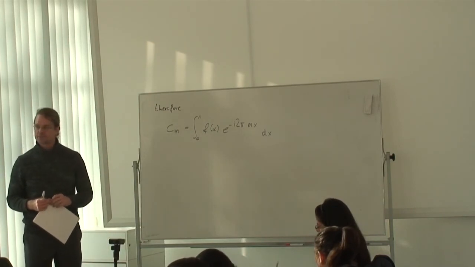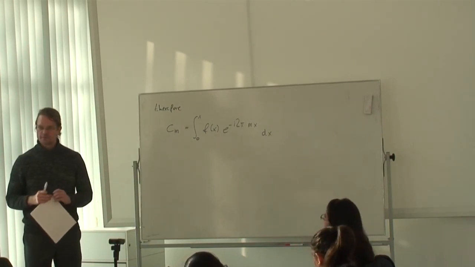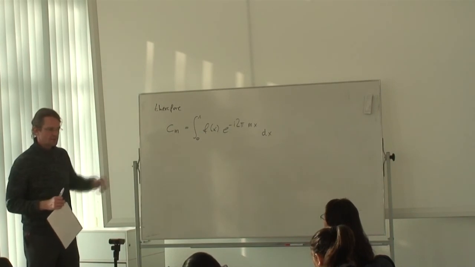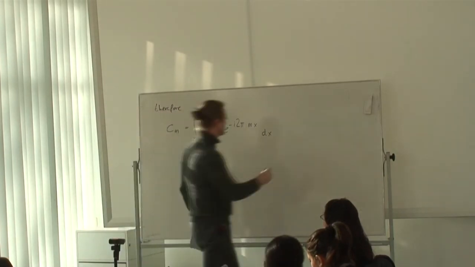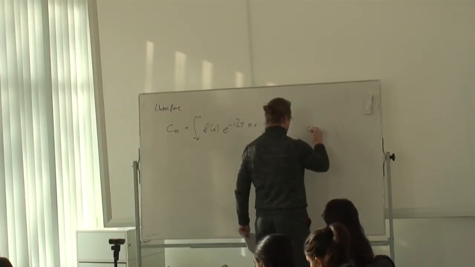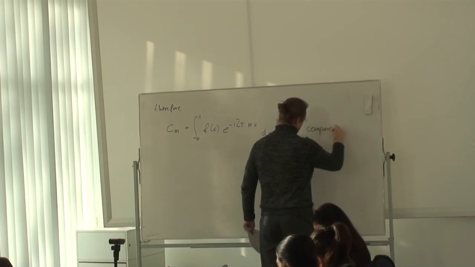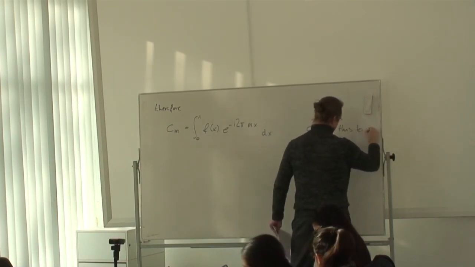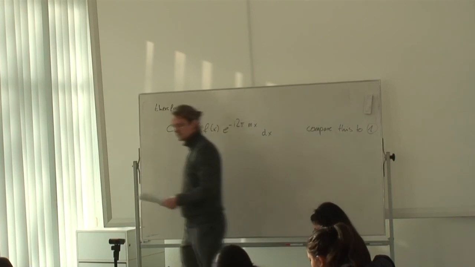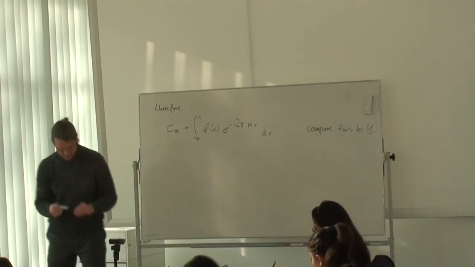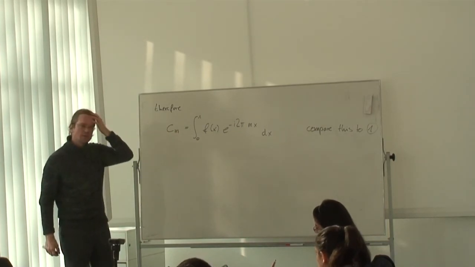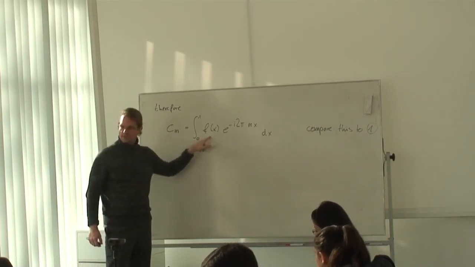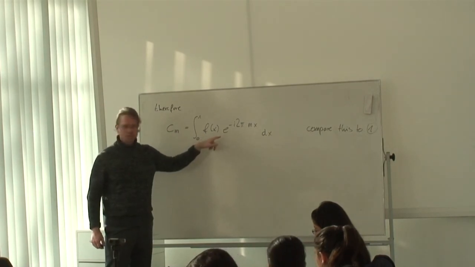Have we seen something like this before? We did not see this exactly, but I want you to compare this to equation 1. There, we had an integral ranging from -infinity to infinity, and then a function f of x times a complex exponential.